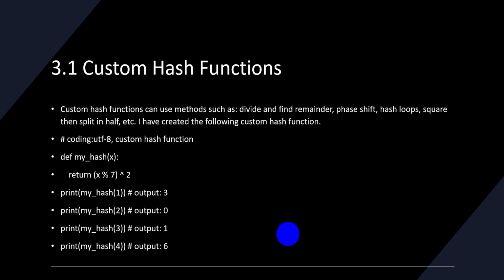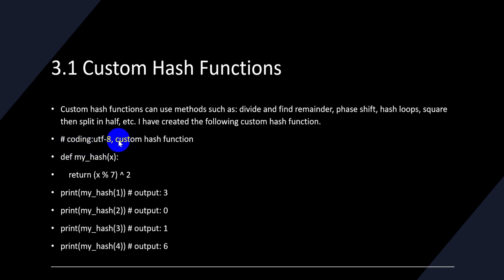In this hash function, the first line says that the coding is in UTF-8, which just means that all of the data is in this coding, so we don't need to worry about it.